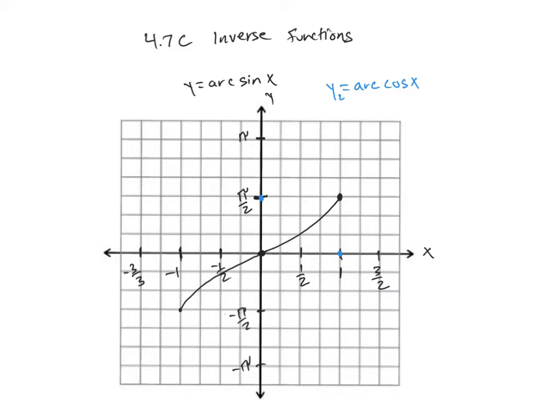And then at pi, at 180 degrees, our cosine of x is -1. And then it kind of curves like this. And those are our two different graphs, the inverses of sine of x and cosine of x.